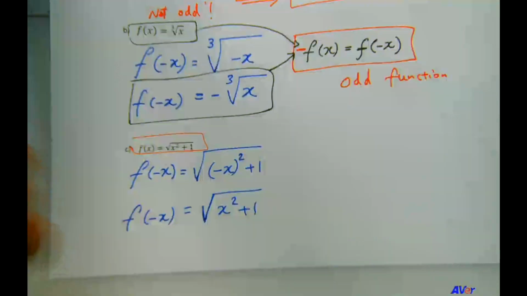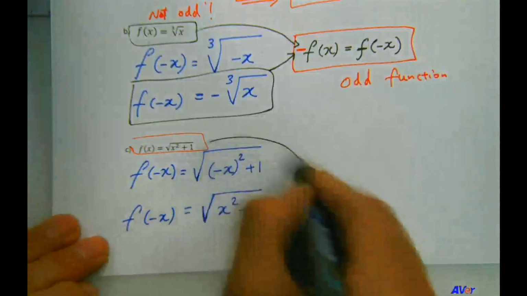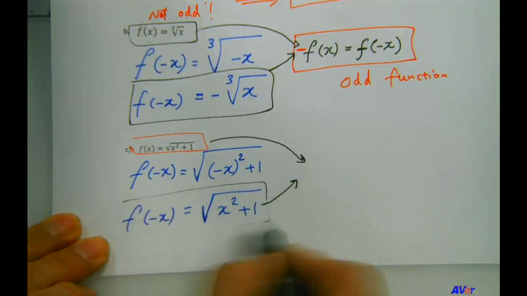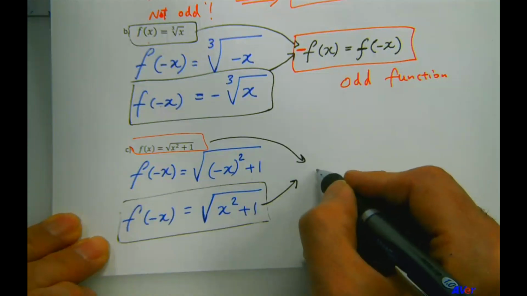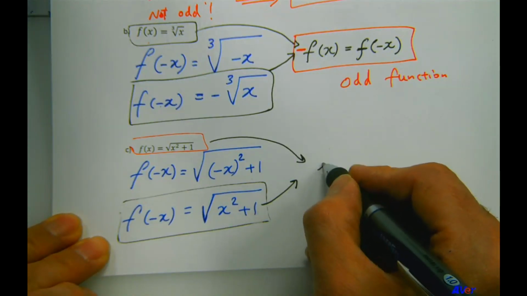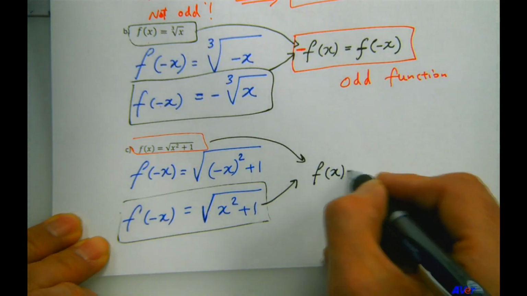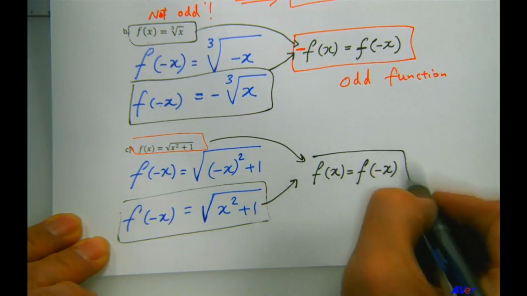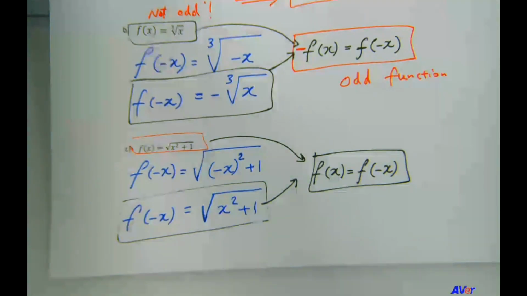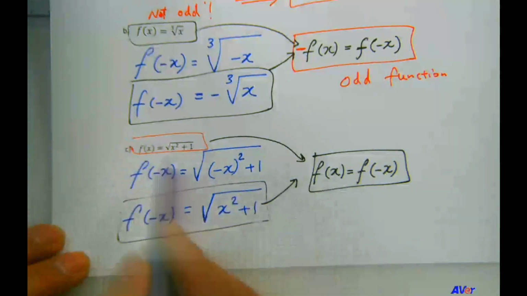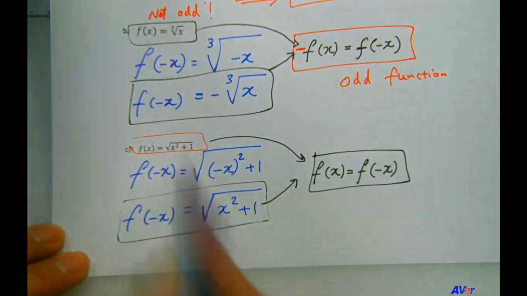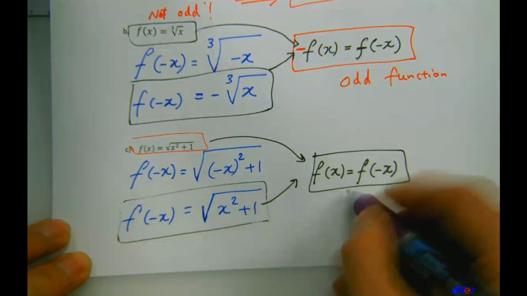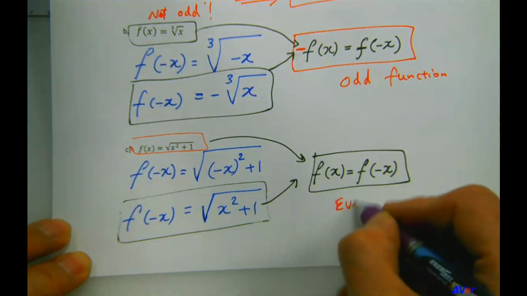So because of these two, we can say that f of x is equal to the function at negative x. We had the original function, we replaced x with negative x, and we ended up with the same function. So this meets the definition of an even function.